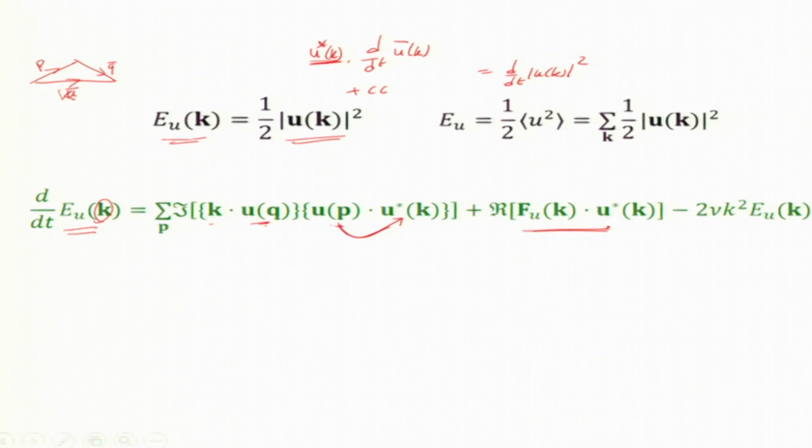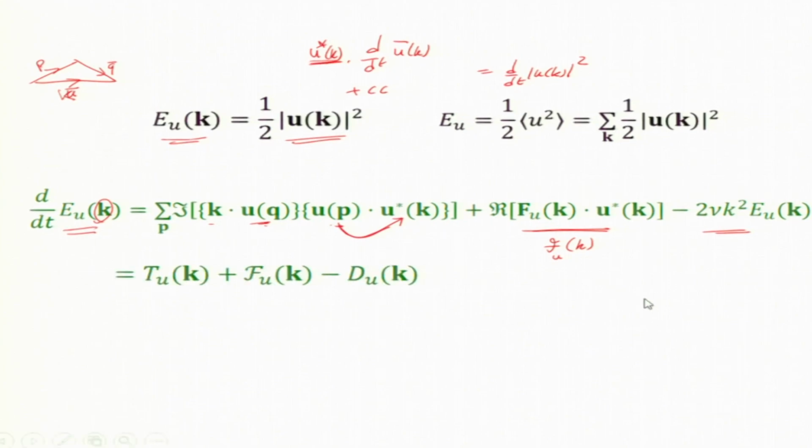This is the energy coming into k from the external force. We write this in fact as f of k, f u. This is the energy injection per unit time to wave number k from the external force, and this is the viscous dissipation. There is a loss because of viscosity, and that is the viscous dissipation term.